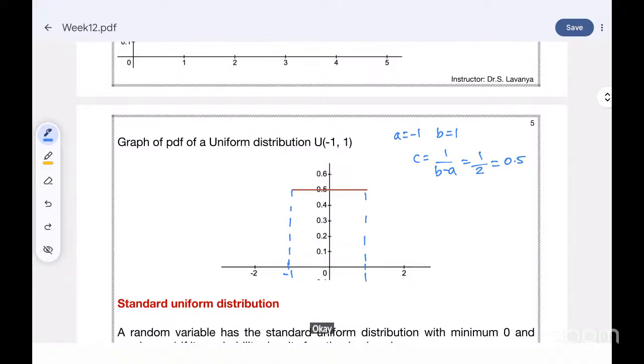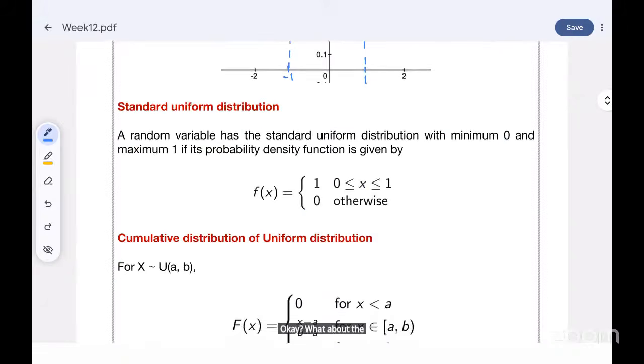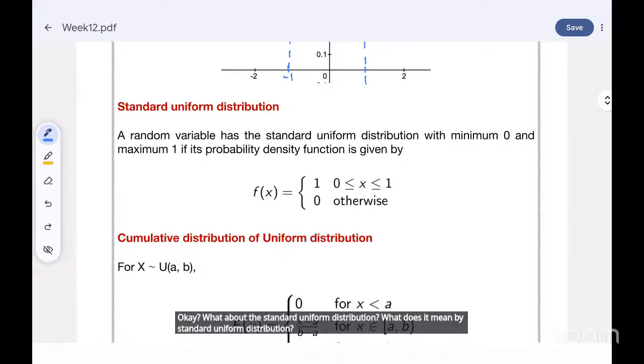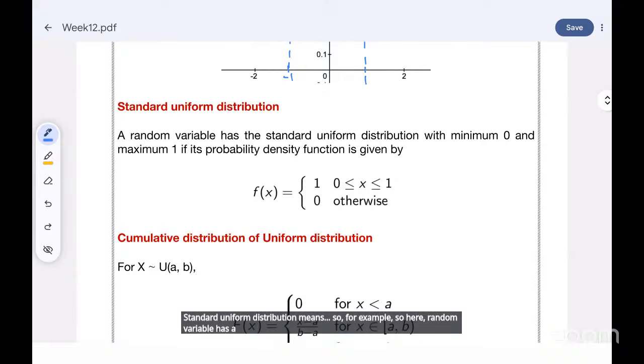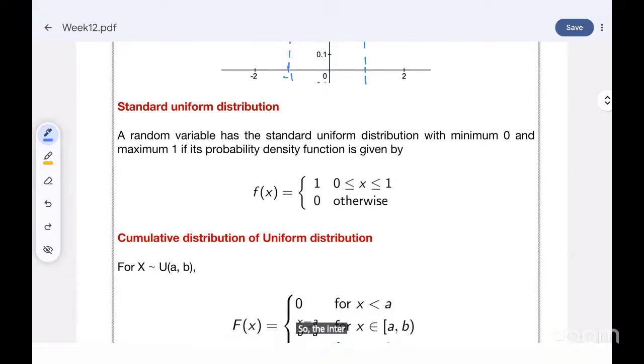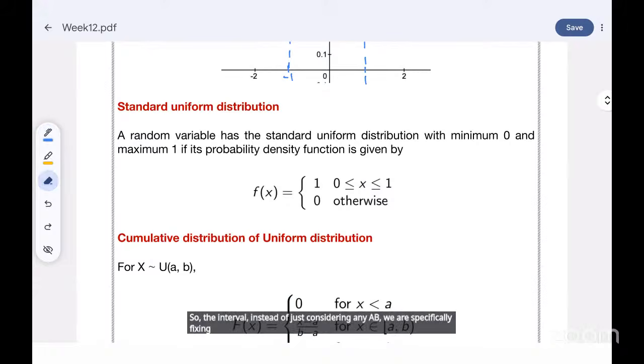Okay. What about the standard uniform distribution? What does it mean by standard uniform distribution? A random variable has a standard uniform distribution with minimum 0 and maximum 1. So instead of just considering any a, b, we are specifically fixing the A and B values as 0 and 1.